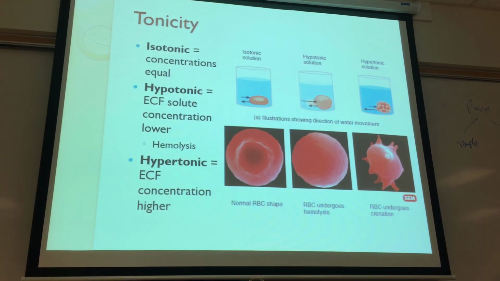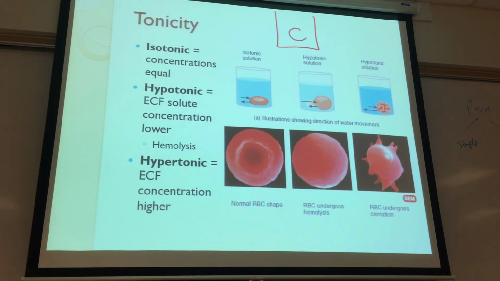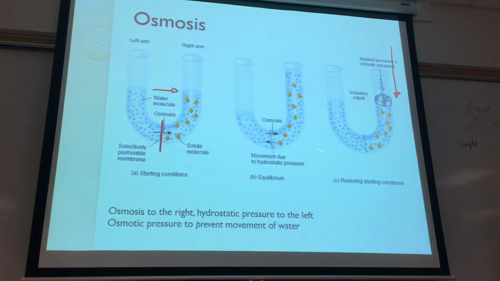Now, we're going to take this example earlier where we look at a cell. This is our cell, and here is the water, and we're going to call that ECF, the inside being ICF. The ICF, or the cell, is the right side of the tube. This would be the inside of the tube, the ICF, and this side would be the ECF.